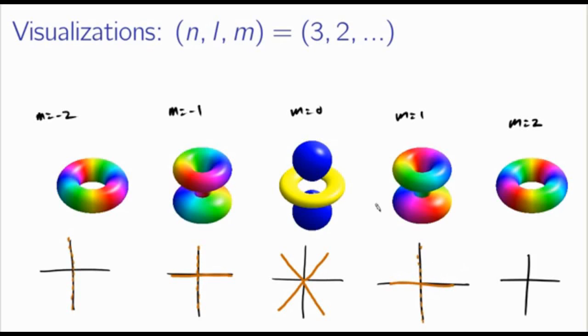So that defines the XY plane. Similarly, over here, the particle is unlikely to be found at theta equals 0 or theta equals pi along the z-axis. So these are the sorts of structures that we get from spherical harmonics.